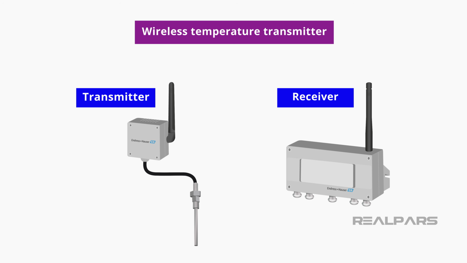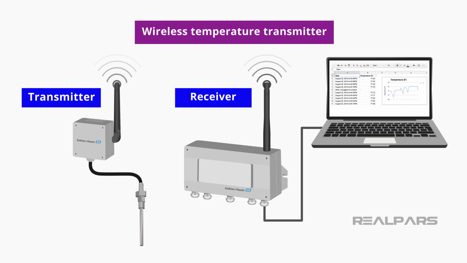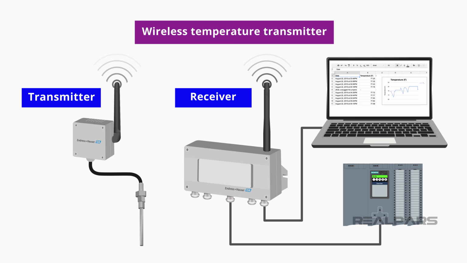As the name implies, the transmitter does not send its signal to a receiver via wires. The signal is transmitted to a receiver via a Wi-Fi signal. Once the signal is received, it can be sent to a computer so readings can be saved and later printed or exported to a spreadsheet. Or, the received signal can be retransmitted via wires as a 4 to 20 milliamp signal to a PLC.